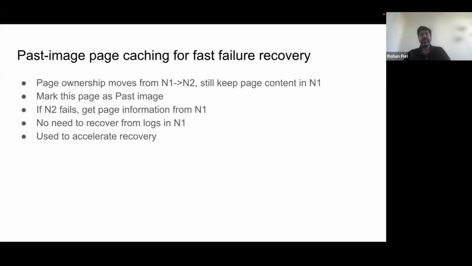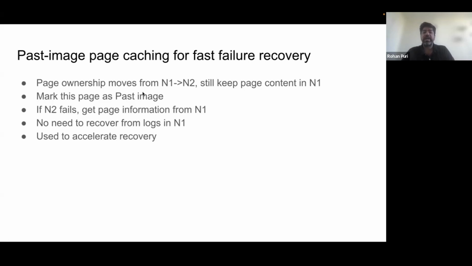So regarding the past image, suppose a page ownership is moved from node N1 to node N2. You can still keep the content of the page in N1. Why do you need to do that? This fastens the recovery. You keep the content in N1, but you cannot make N1 still the owner.